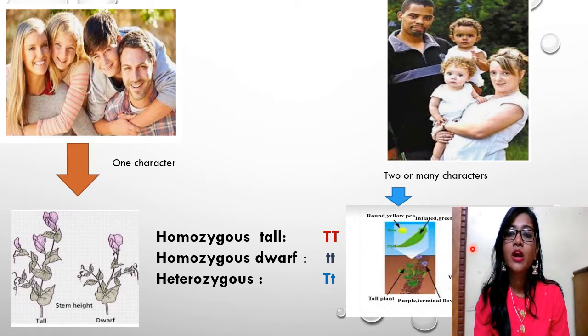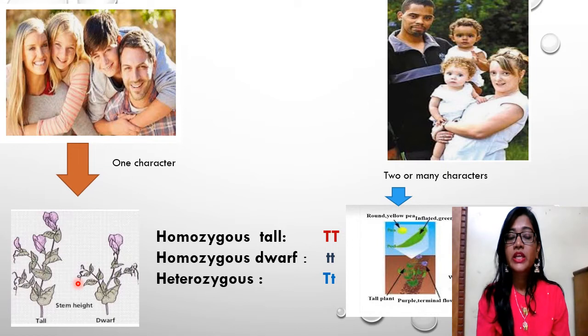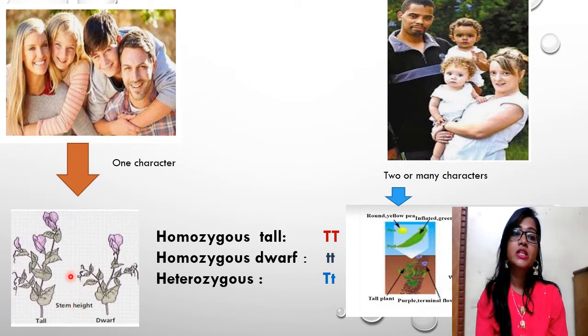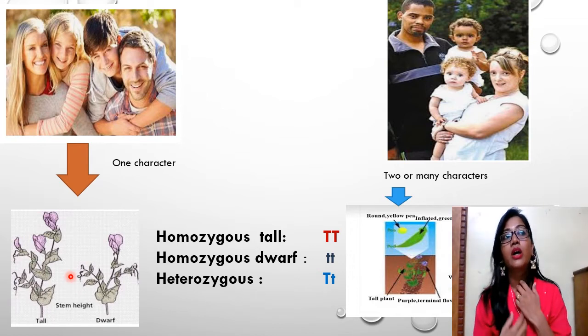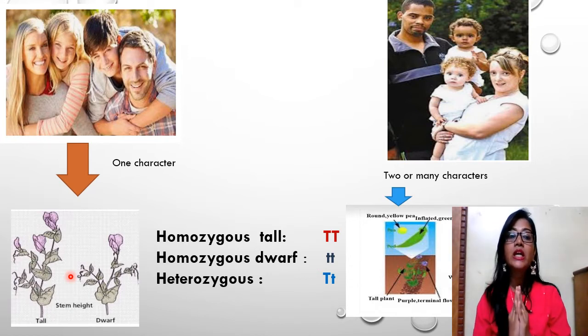So my point is, when you consider the second example, the dihybrid cross in case of pea plant, what Mendel did: in the monohybrid cross, he just concentrated on a single character or trait, that is, the height of the plant, or color of seed, or shape of seed, or position of the flower. Other characters he ignored while studying the monohybrid cross.